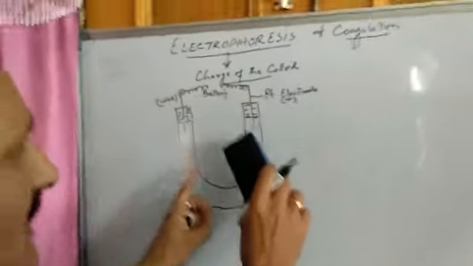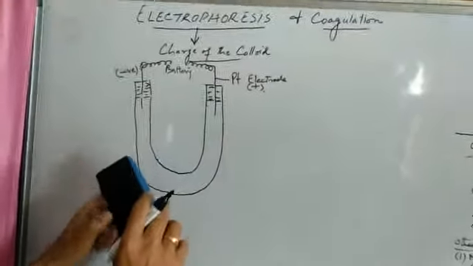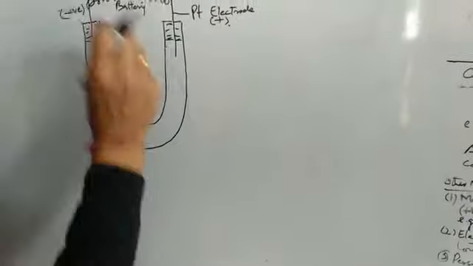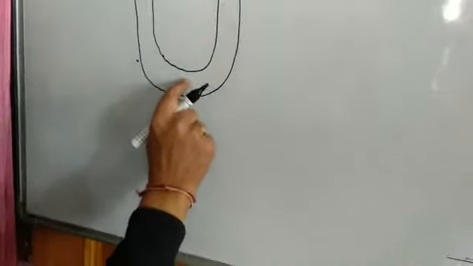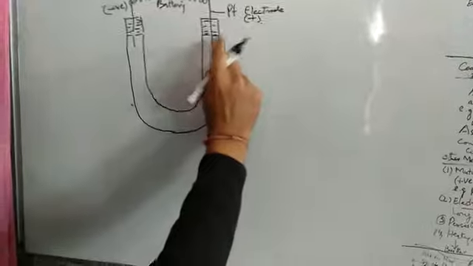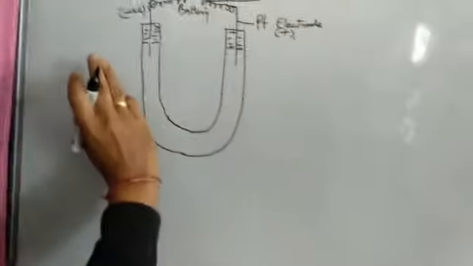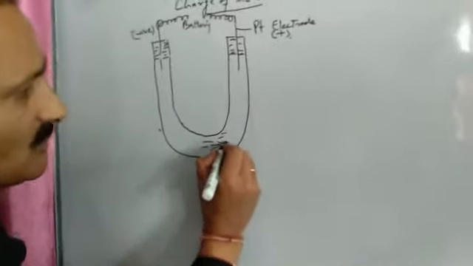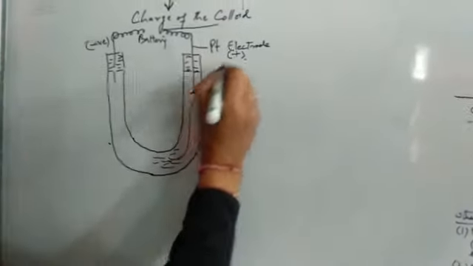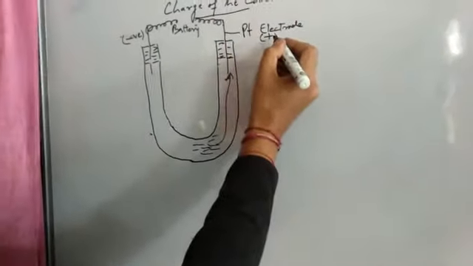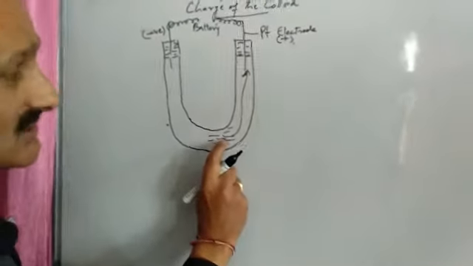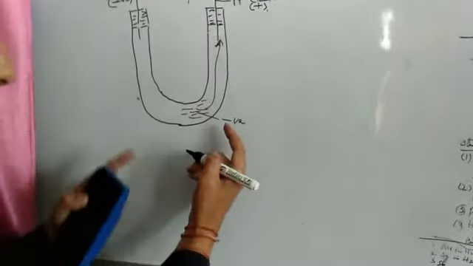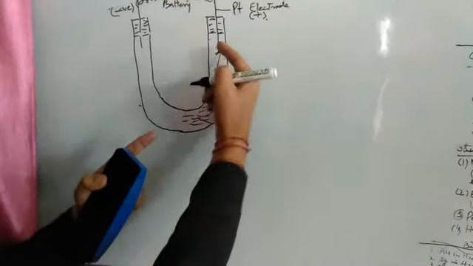When we put the colloid in the U-shaped tube, after that we connect the battery. After connecting the battery, we find that the particles of the colloid accumulate towards either the positive electrode or the negative electrode. Suppose the colloid moves towards the positive electrode, that means this colloidal solution is negatively charged, because negative particles move towards positive.